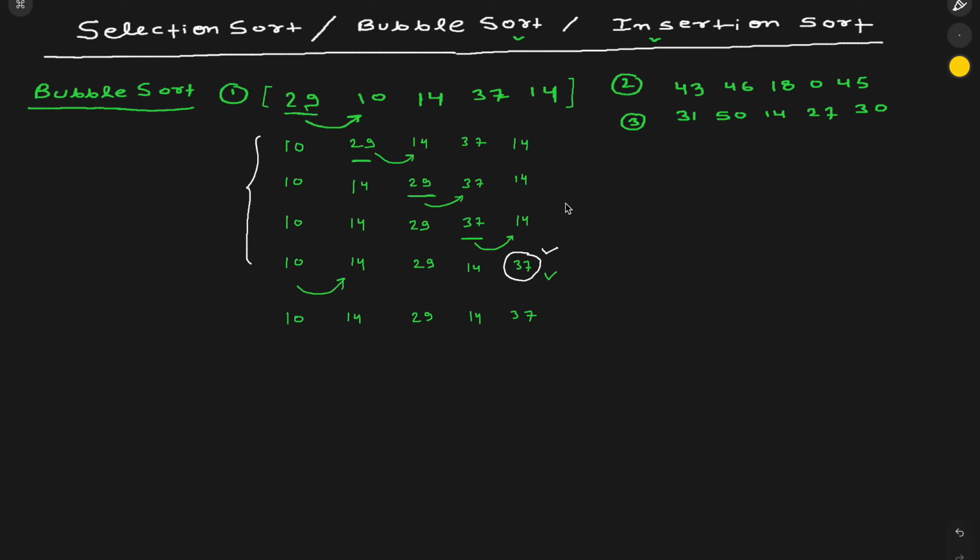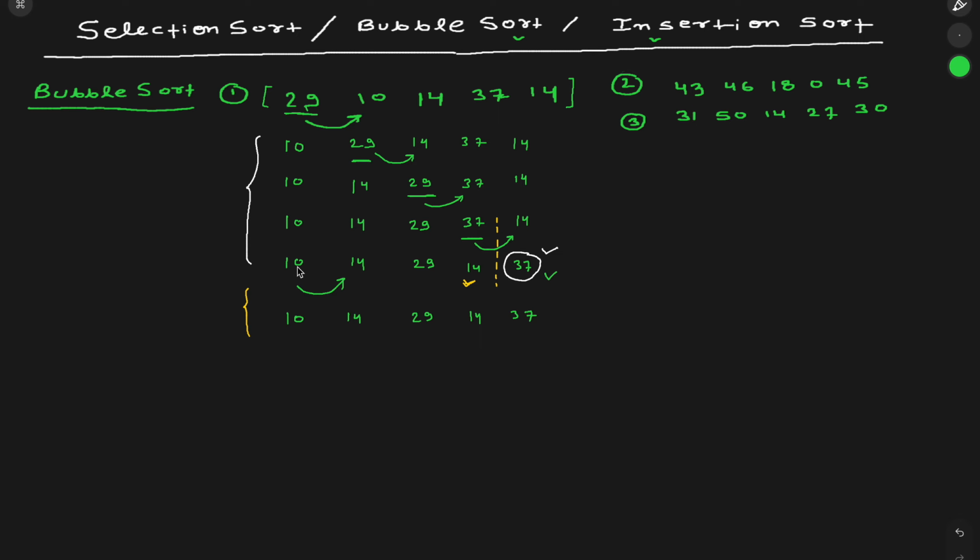Let me highlight it: till this index, 37 is already sorted, so we don't need to check anything after that. When we start the next check from here, we will check till this index. We follow that method because for things which are already sorted, we don't need to check again and again.